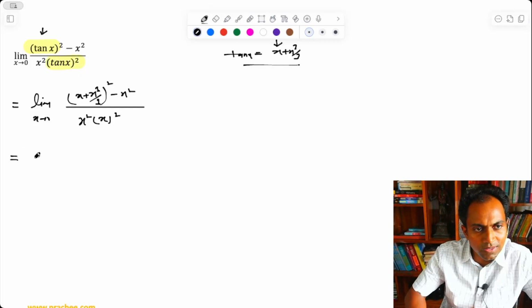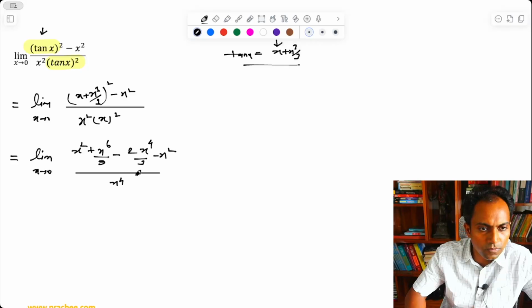Now, once you have done this, limit x tends to 0, expansion of numerator becomes a square plus b square plus 2ab minus x square, so this will become x raised to the power 4 by 3 minus x square by x raised to the power 4. So, you can see that this will get cancelled out.